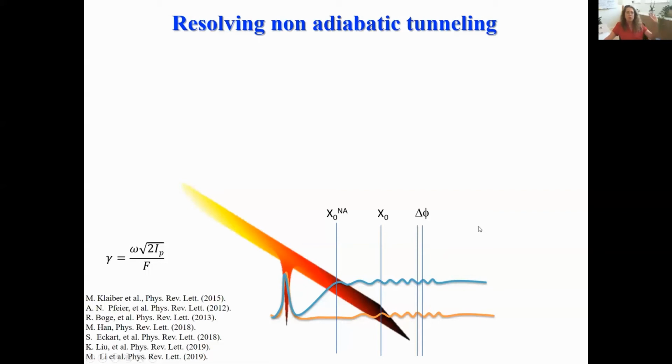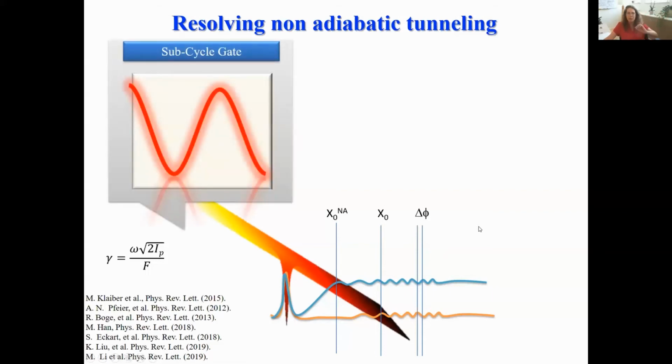In order to do so, we need two important components. One of them would be subcycle gating. We have to somehow tweak the interaction with subcycle resolution. So let's use the same approach we have used before. I'll add a weak perturbation. And if the two fields are in phase here, what we will do is slightly suppress the barrier.